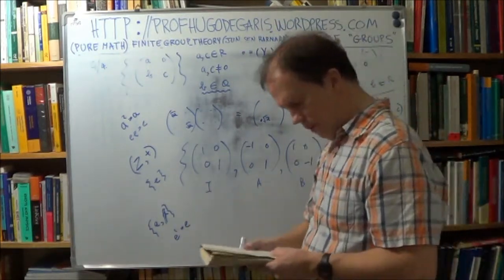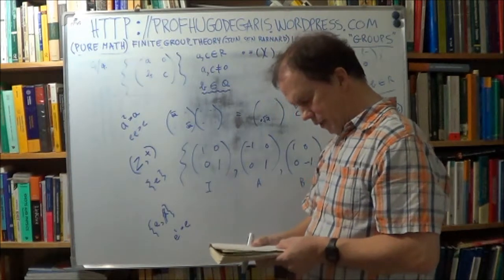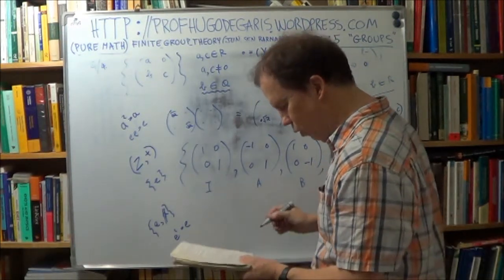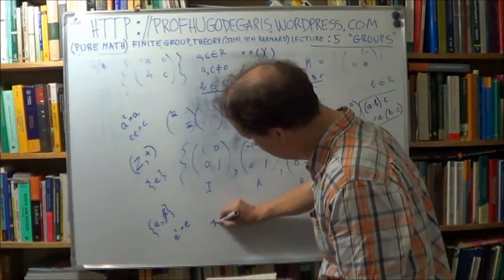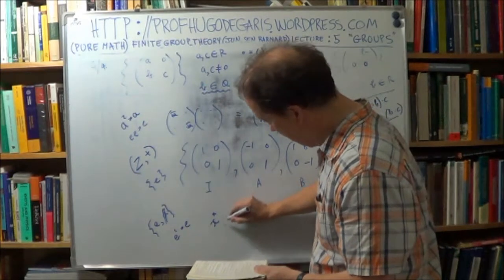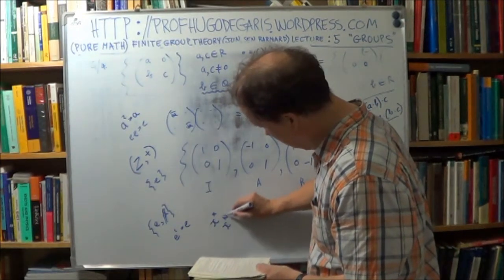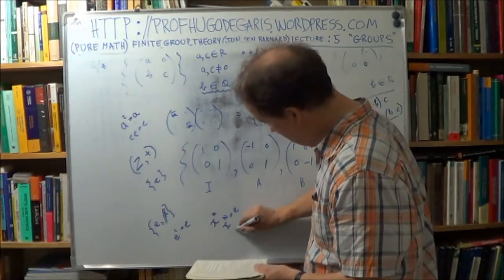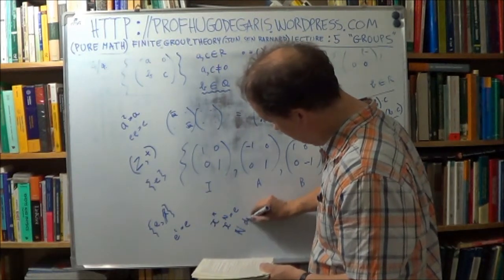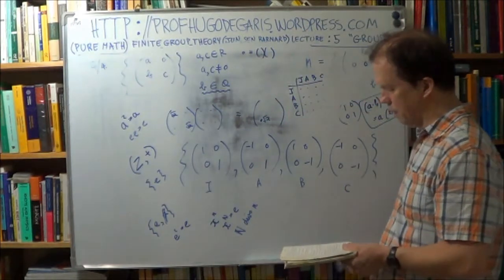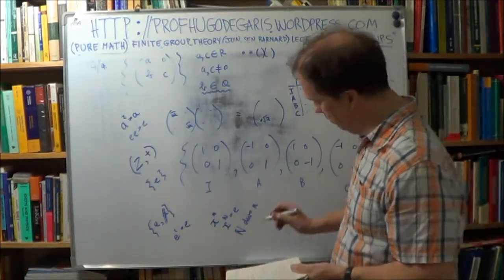So that's false, right? If the order of an element X is little n, so X to the n is E, then big N divides little n. No, it's the other way around, right? We did the theorem.